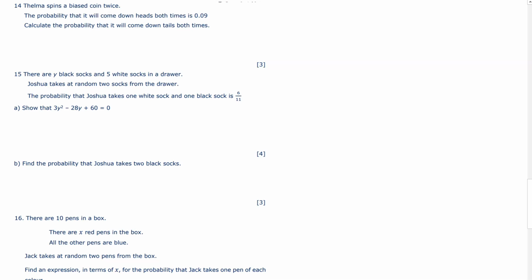Right, Thelma, love that name, spins a bias coin. The probability it will land on heads is 0.09. Probability it will come down on tails both times is what we've got to work out. Okay, so if heads is 0.09, then that is 0.3 times 0.3. We want tails both times.